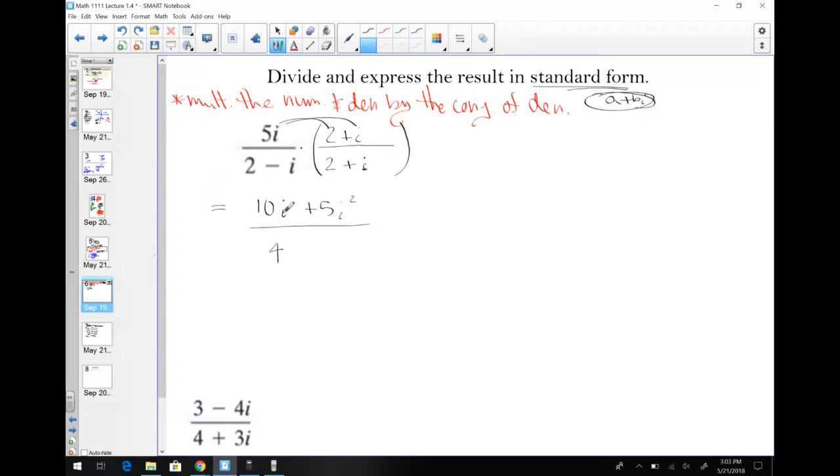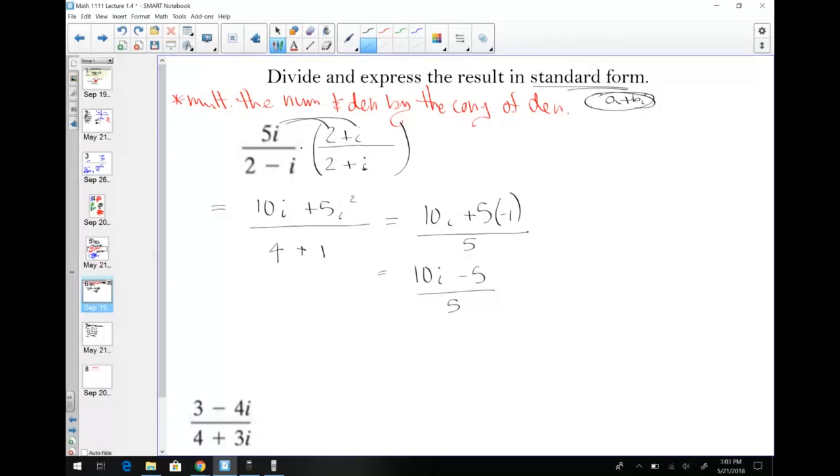And then I've got the second squared, negative 1 squared, or positive 1 squared, it doesn't even matter, plus 1. So that turns out to be 10i plus 5 times negative 1 all over 5. So then this turns out to be 10i minus 5 all over 5.